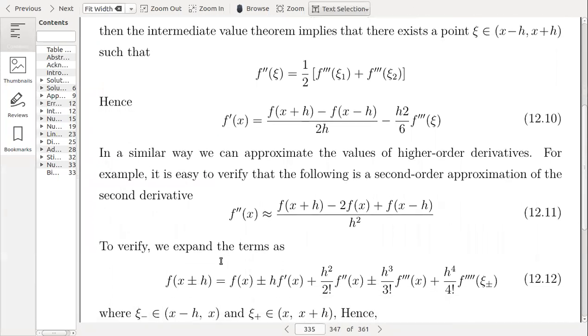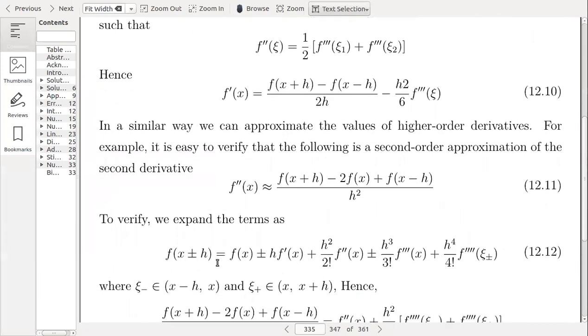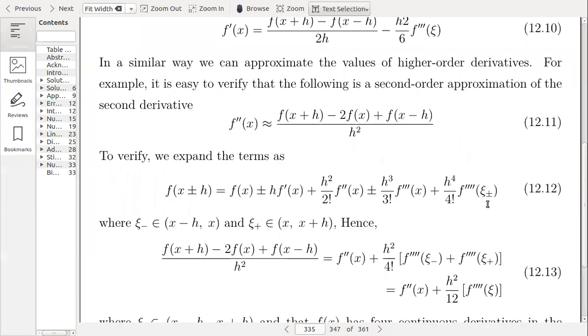To verify, we expand the terms as f of x plus or minus h is equal to f of x plus or minus h f prime of x plus h square over 2 factorial f double prime of x plus or minus h cube over 3 factorial f triple prime of x plus h to the 4 over 4 factorial f fourth derivative of xi plus or minus, where xi minus belongs to x minus h and x, and xi plus belongs to x and x plus h.